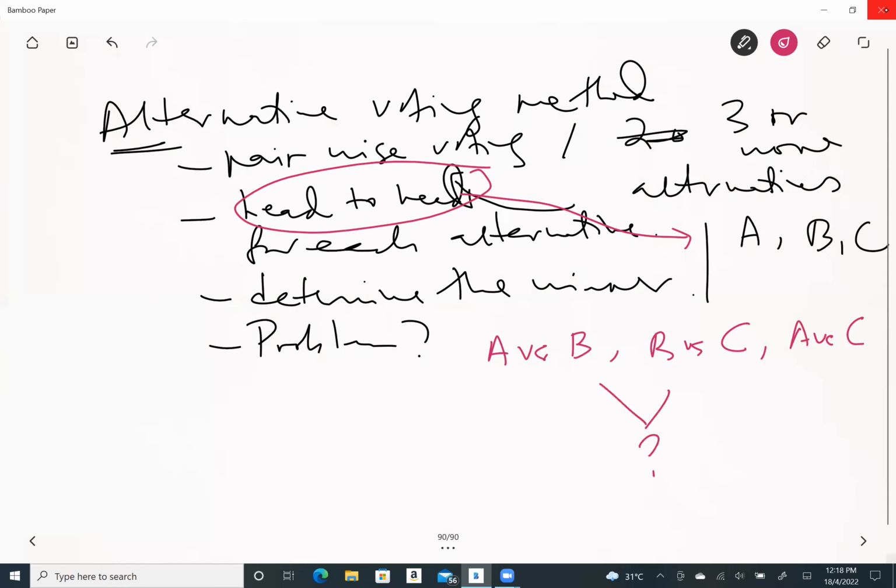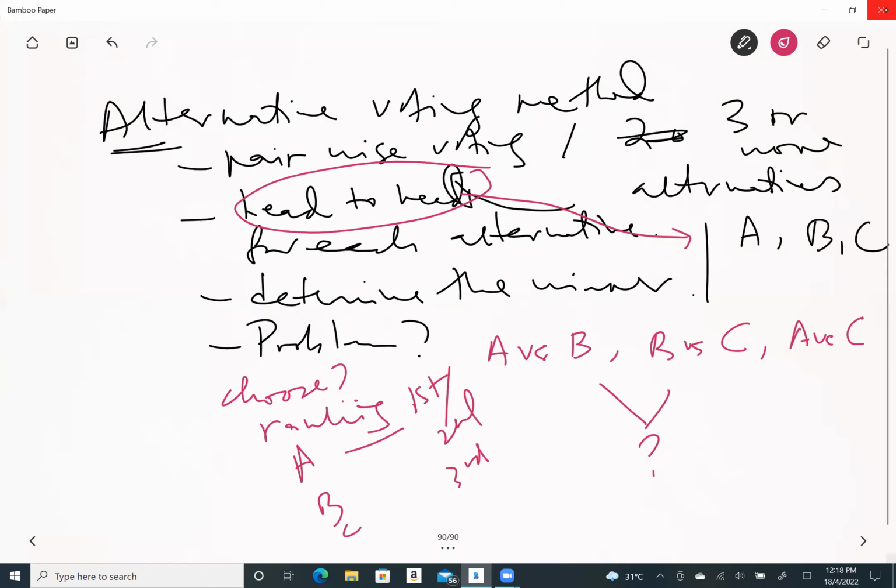Okay, that's one way. The other way is you are given, say, a voting card. So you choose by ranking. You rank A, B, C. Which one is your first? Which one is your second?